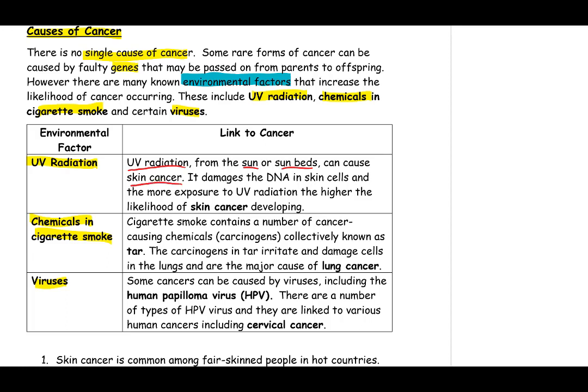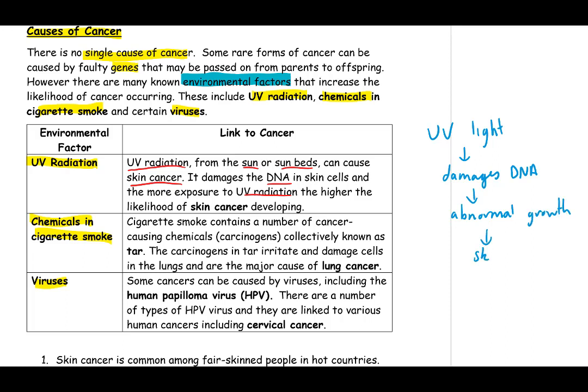Now, they cause skin cancer. It damages the DNA in the skin cells, and the more exposure to UV radiation, the higher the likelihood of skin cancer developing. So pretty much what happens is the UV light damages the DNA and causes abnormal growth.